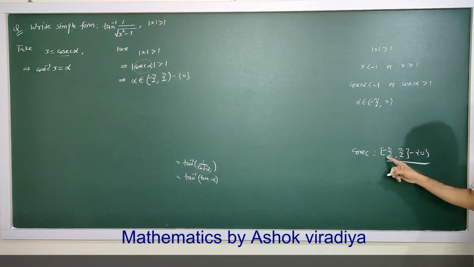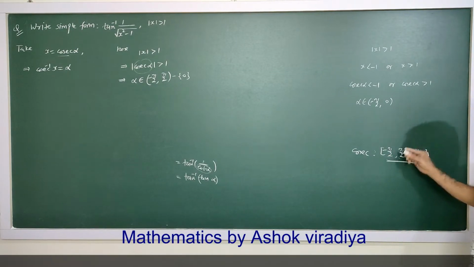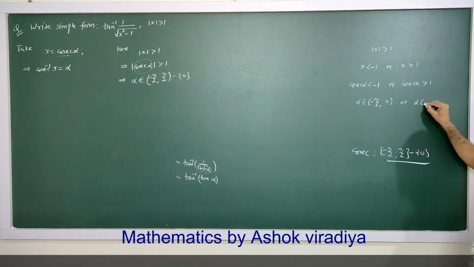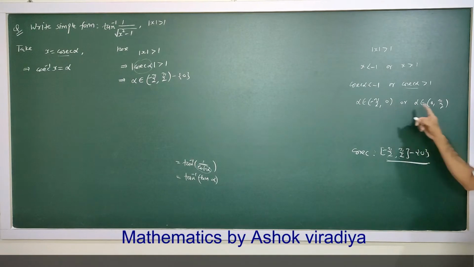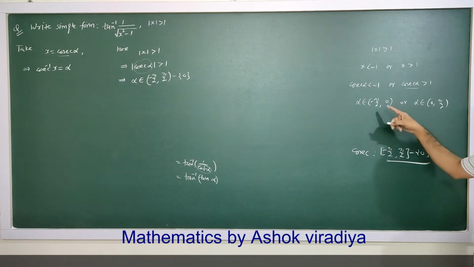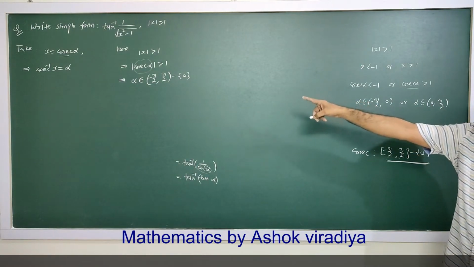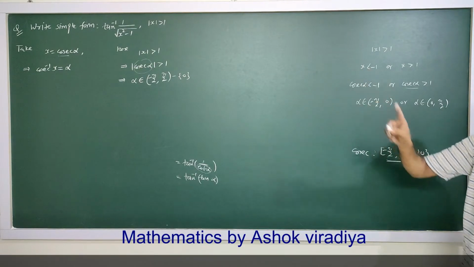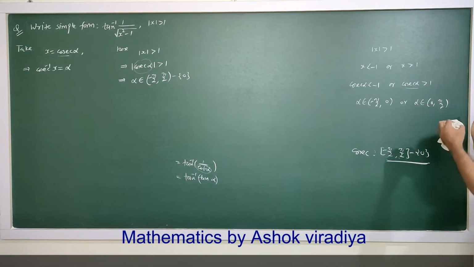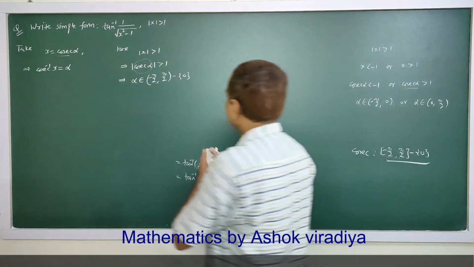Or when this is positive, alpha will be from the first quadrant, and joining these two, it is open minus pi by 2 to pi by 2 except 0. So I think this way is better, so I am putting it this way.